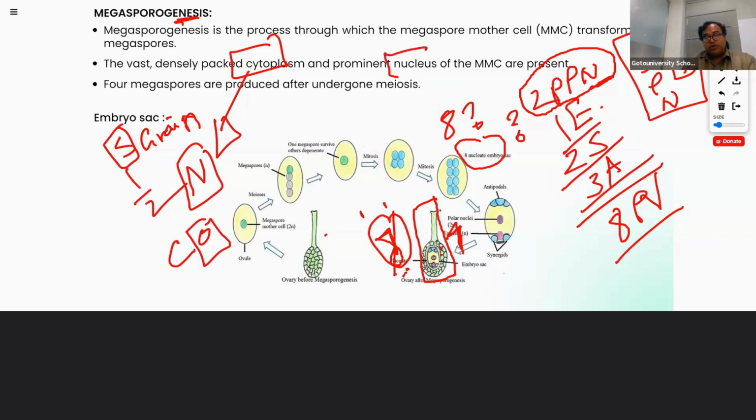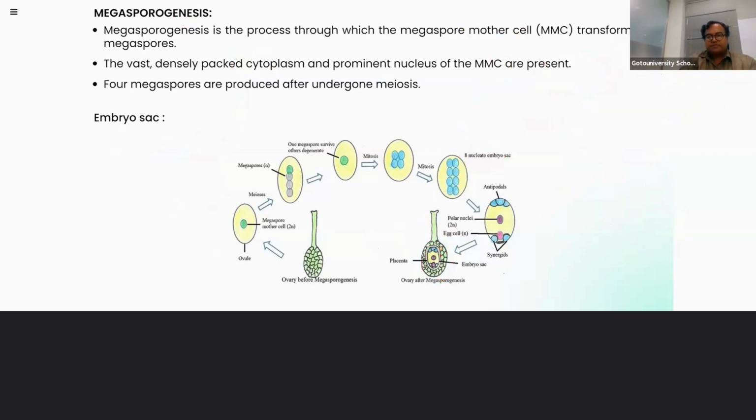Here the nucleus is prominent. Why is the nucleus prominent? Because replication means DNA synthesis, and RNA synthesis is called transcription. So replication and transcription are much more, and there is a reason why it has a huge amount of DNA and RNA in it.